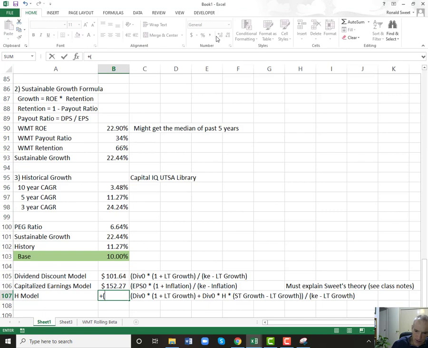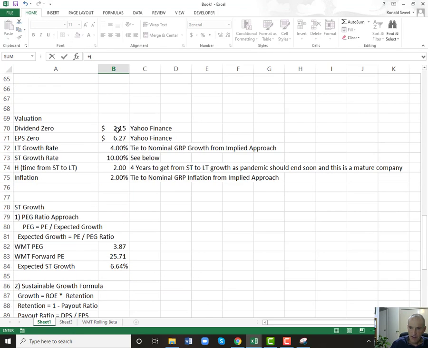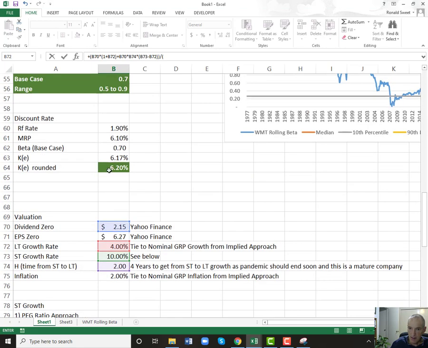Now let's try the last one, the H model. So we take dividend 0 times 1 plus long-term growth plus dividend 0 times H times short-term growth minus long-term growth, and all of that divided by KE minus long-term growth.